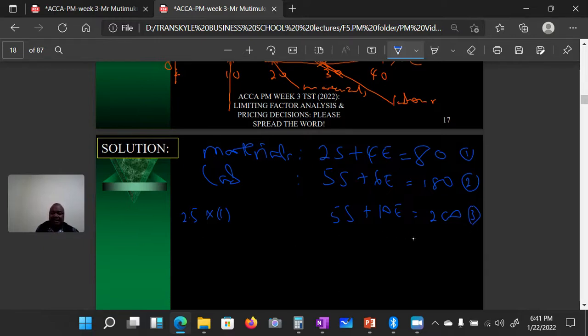So equation 3 minus equation 2, we have 4e is equal to 20, and e is equal to 5.